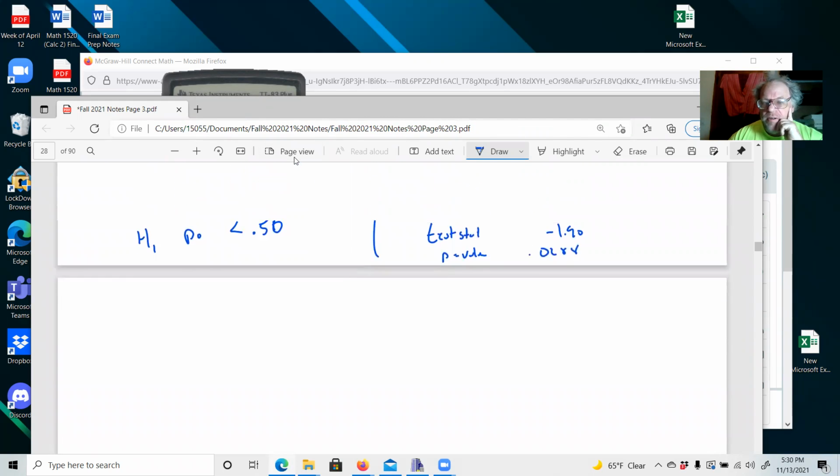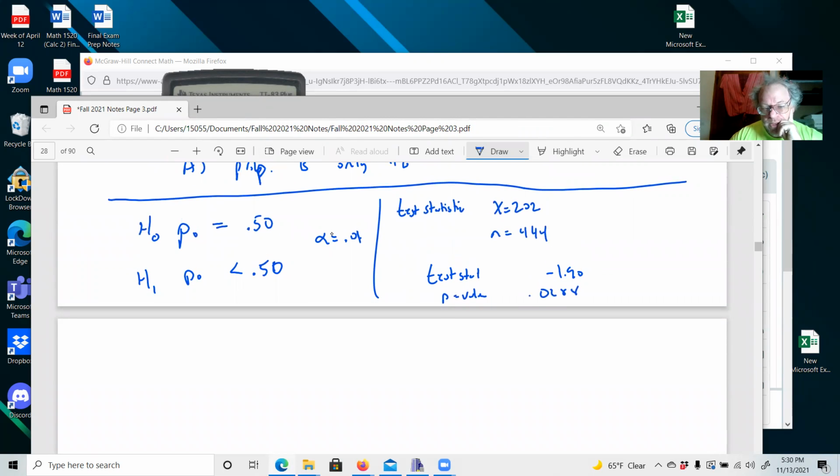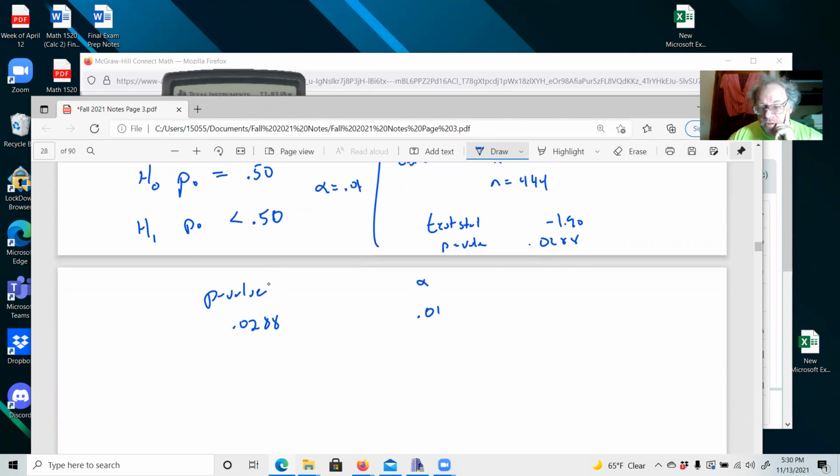So what is our alpha? Our alpha is 0.01. You said this was the level at which we would be able to see something, and we didn't get to that level. It's 1 penny. We got to almost 3 pennies.